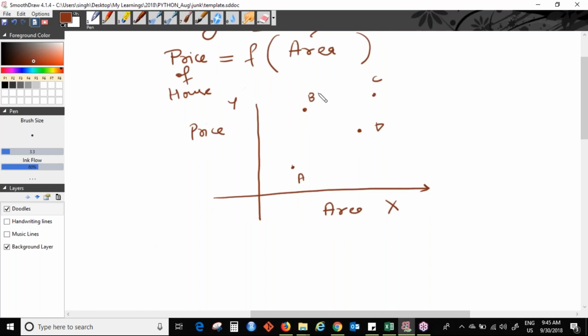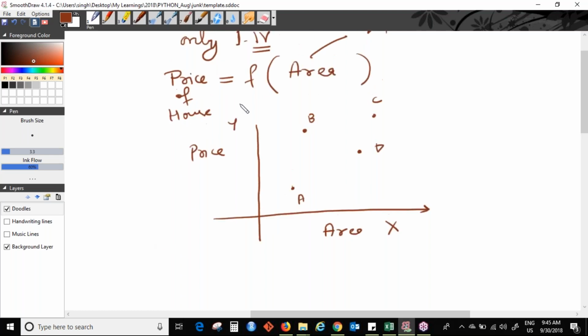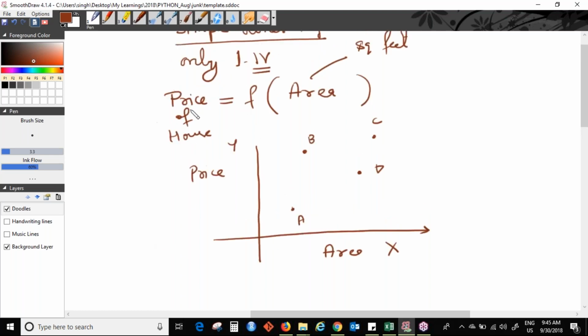Now I have assumed, or we have seen, that there is a relationship between the two, and that relationship is the function f, between price of the house and area. Sometimes it is very difficult to find the exact function f.